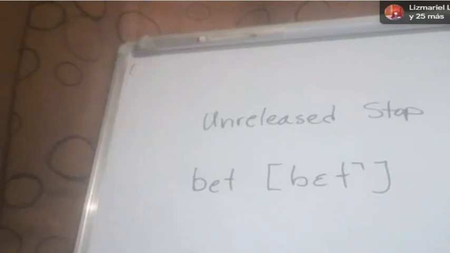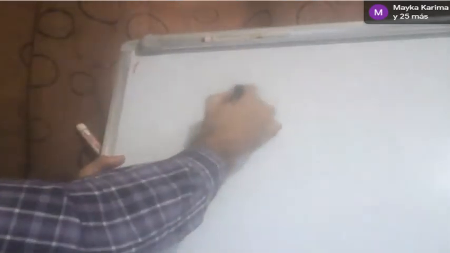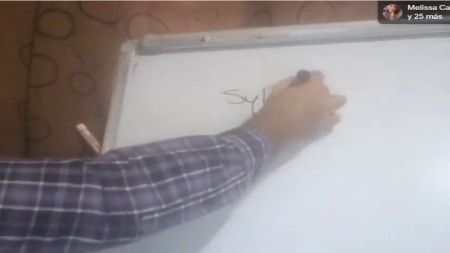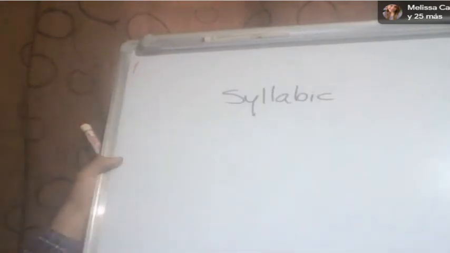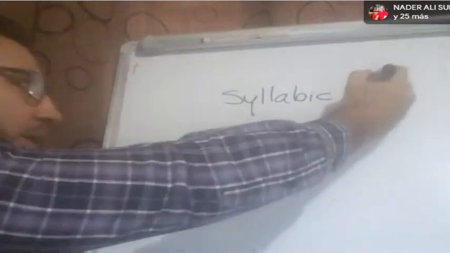Okay, so that is not the last rule. That was something I wanted to add. The last rule is called, and for that rule, I will bring up again the word important. Okay, the last rule is syllabic consonant, or syllabic l and syllabic n.